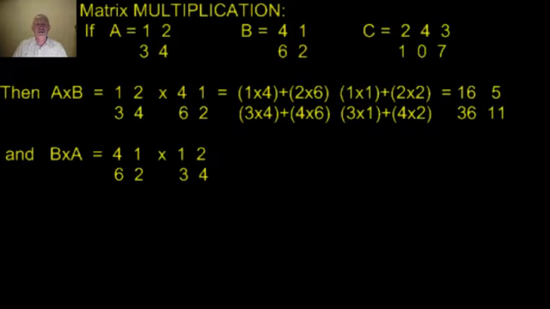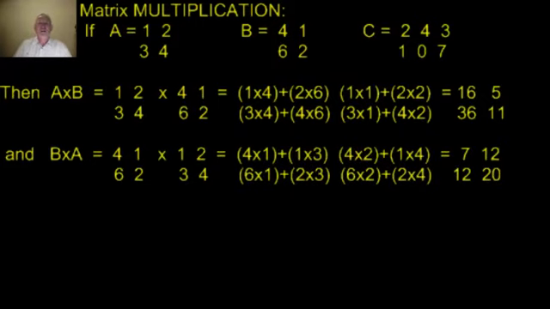So 4 times 1, it's not going to be the same. In fact, none of those entries are going to match the previous entry. You'll have 4 times 1 plus 1 times 3, that's 7. And likewise, the whole matrix is completely different. So that tells us something about multiplying matrices.